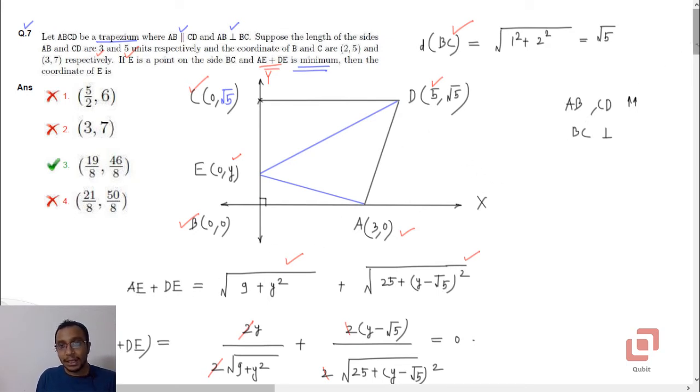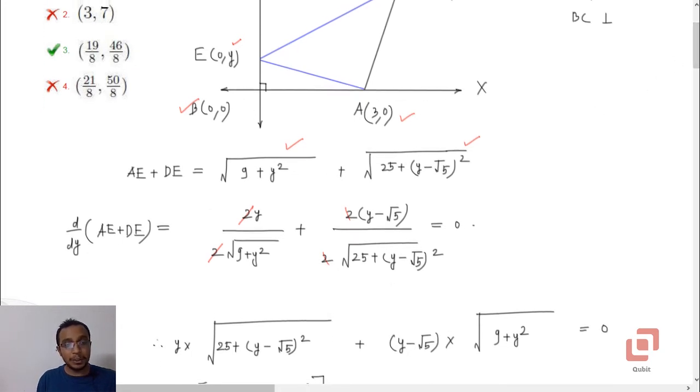Now comes the derivative part. Because we are looking for the minimum value of AE plus DE, we will differentiate it and equate it to 0. Apply the chain rule now. The 2 will go because the derivative of y squared is 2y, and we already have 2 in the denominator of the derivative formula for root x. So 2 will go in both these terms.